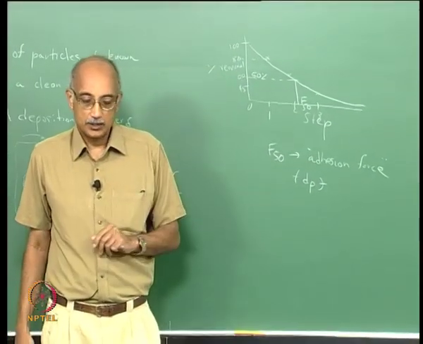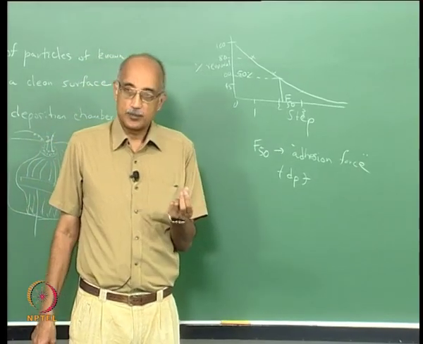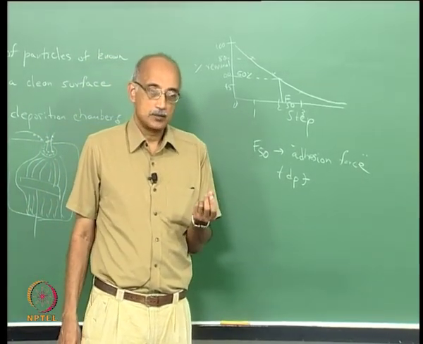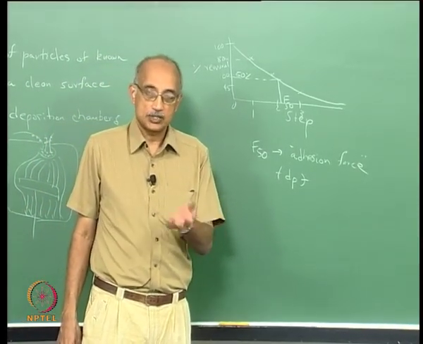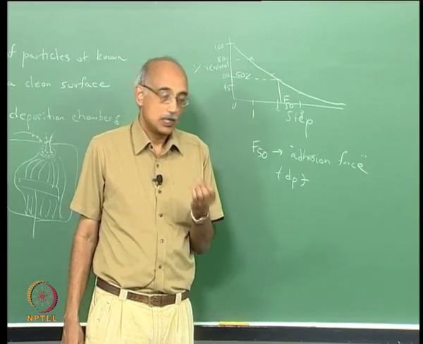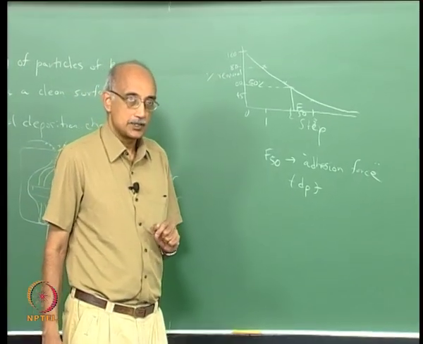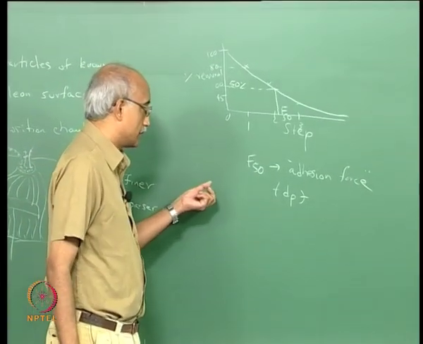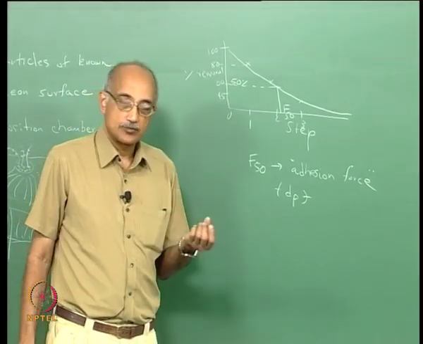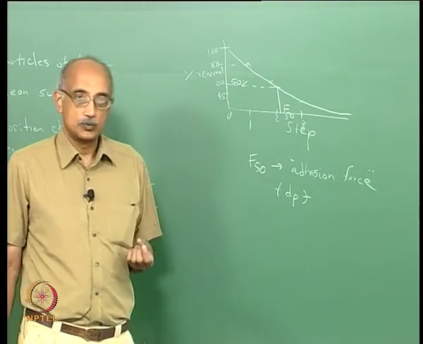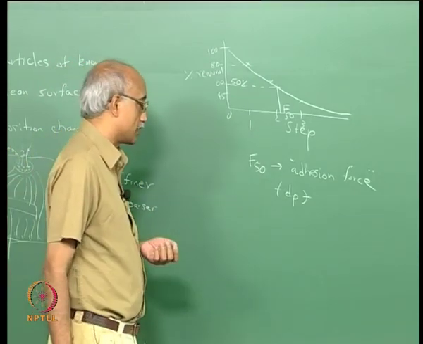As we were discussing in earlier lectures, the finer the particle, the more difficult it will be to dislodge it from a surface, even though adhesion force scales with particle size, but we know from empirical evidence that finer particles are more difficult to remove compared to coarser particles.